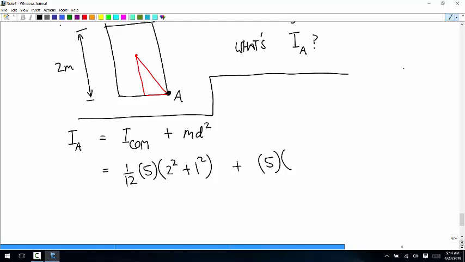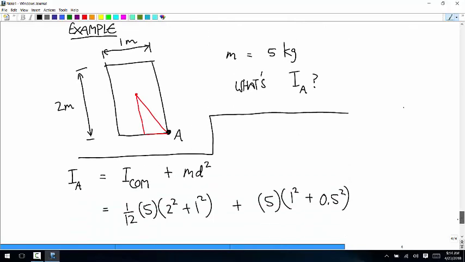So it's going to be 1 squared plus 0.5 squared. The distance would be the square root, but then we're squaring it, so you don't have to do that. So this is d squared.